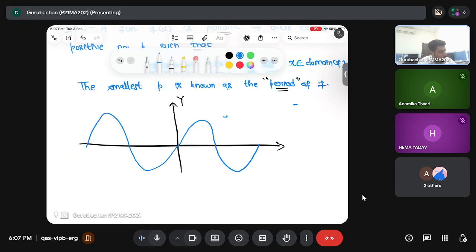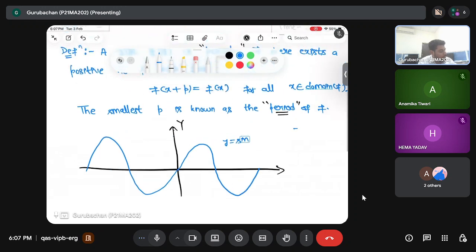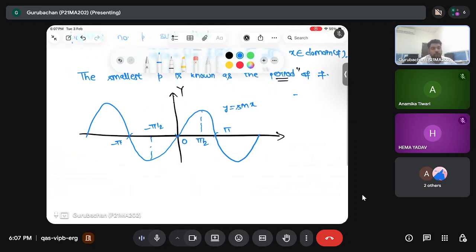So this is the graph of sin x. This is 0, this is pi by 2, this is minus pi by 2, minus pi and pi. And this value is minus 1 and this value is 1.